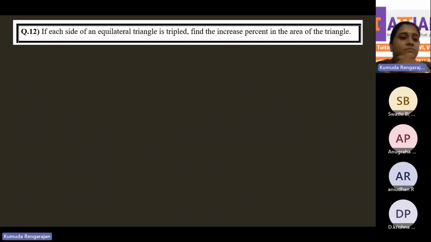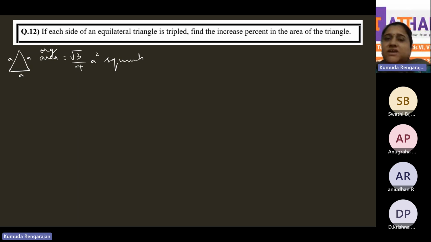We'll do this together. What is the area of the equilateral triangle? We'll assume the side is a. The area of an equilateral triangle is equal to √3/4 into side square, a square units. This is the original area.